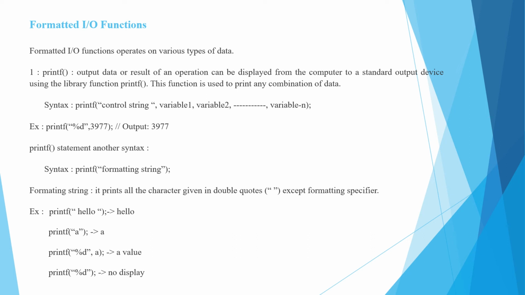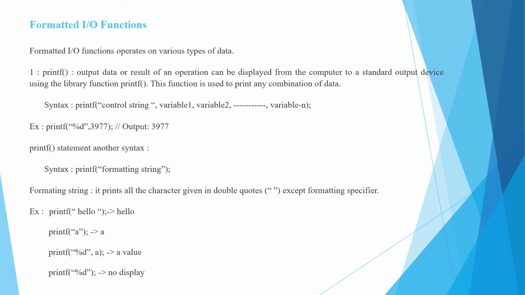The general syntax for the printf statement is printf, opening bracket, the control string enclosed within double quotation marks, comma, variable 1, variable 2, up to a number of variables.